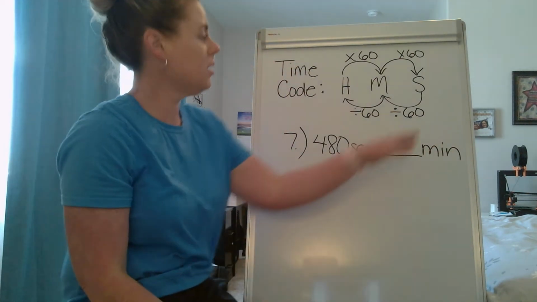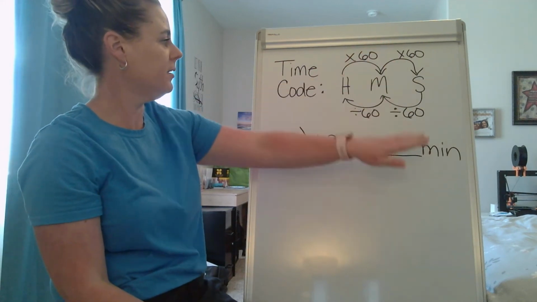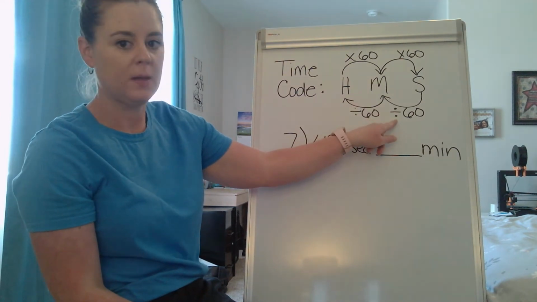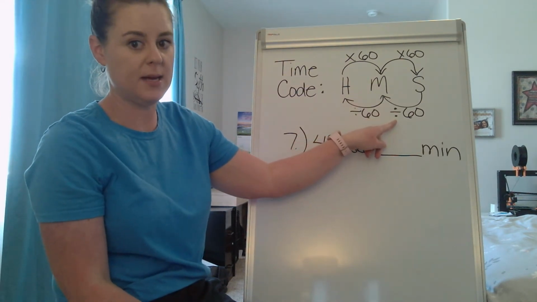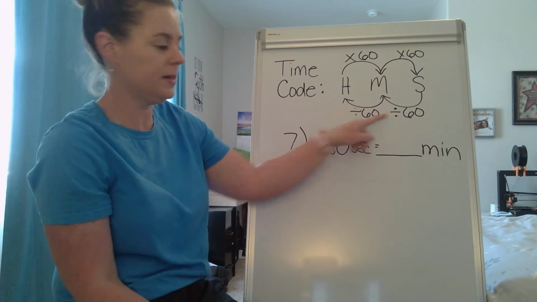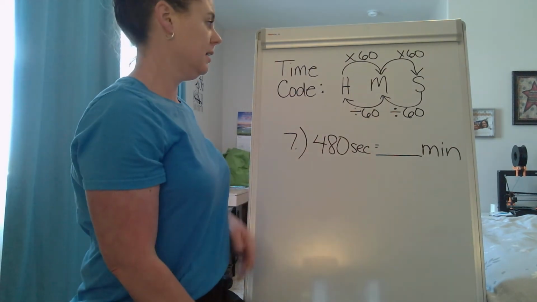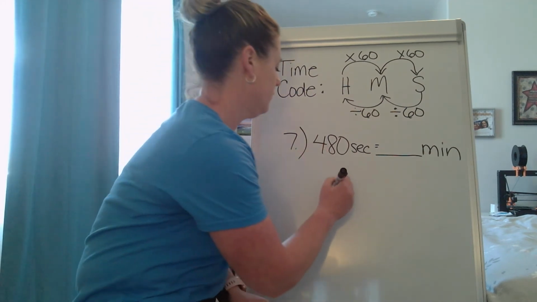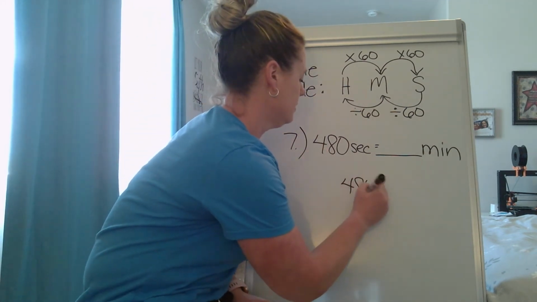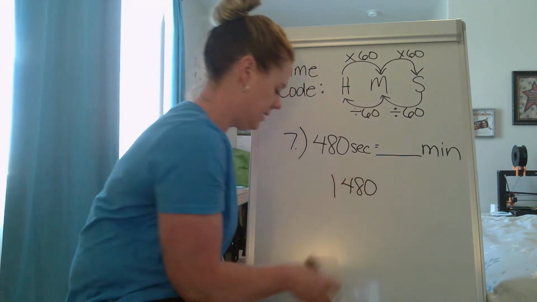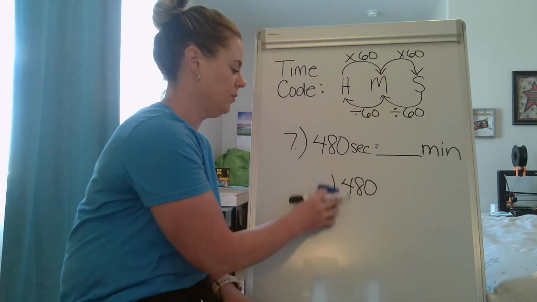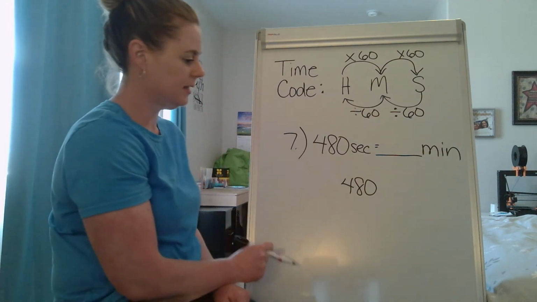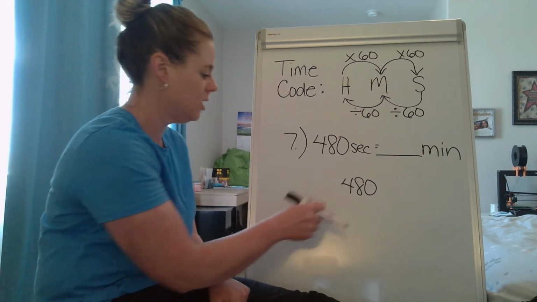Alright, so if we go to our code, our chart, a little code up here, seconds to minutes, we are dividing by 60. Okay, dividing by 60. Hours, or you mean seconds to minutes. Divide by 60. So 480 divided by 60, except I'm going to break this down.